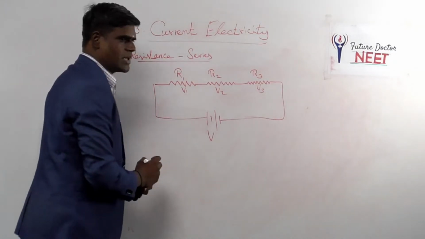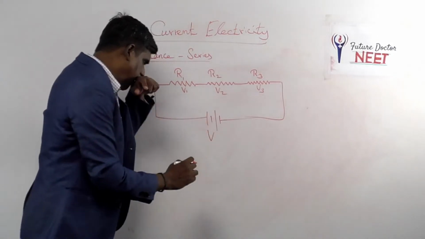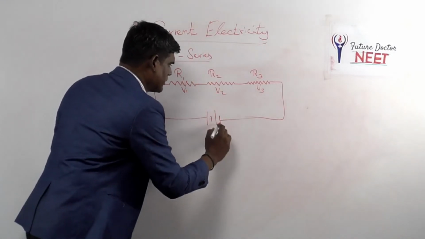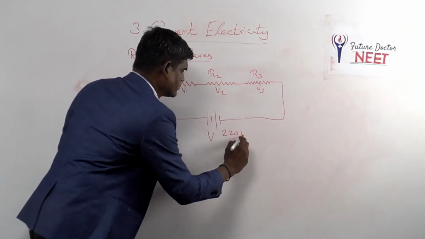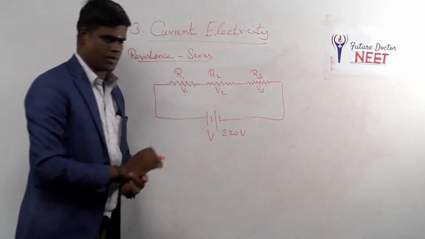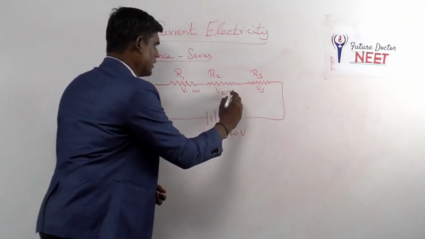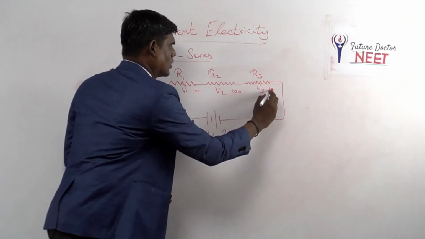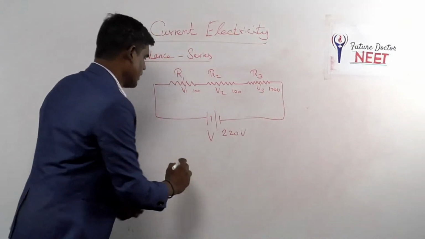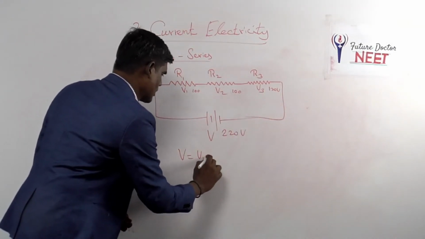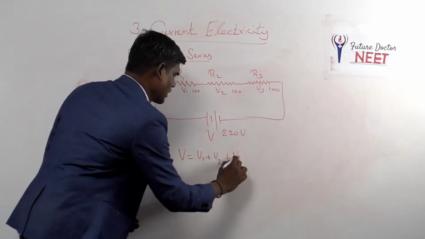So here current will be constant. For example, this is 220 volts, and here there may be 100 volts, and here 120 volts. Then V equals V1 plus V2 plus V3.